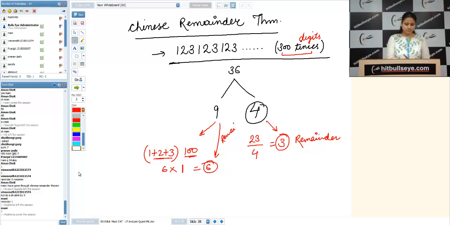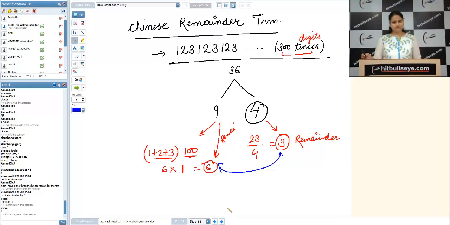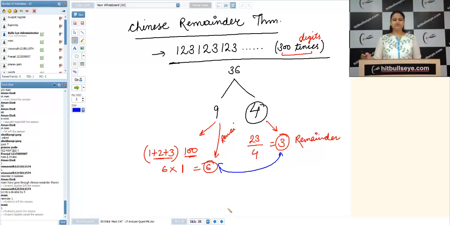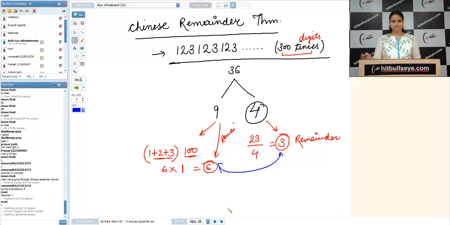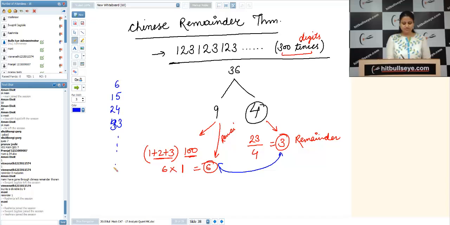Now time to club these two clues. I need a number which is leaving a remainder of 3 when divided by 4 and leaving a remainder of 6 when divided by 9. First of all, I am writing all those numbers which are leaving remainder of 6 when divided by 9, and they are 6, then 15, I am adding 9 to this, 24, adding 9, 33, and so on up to.